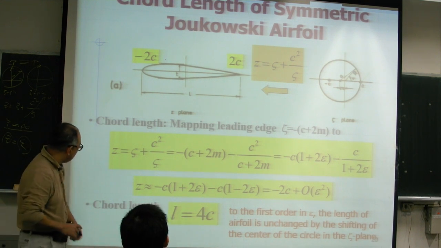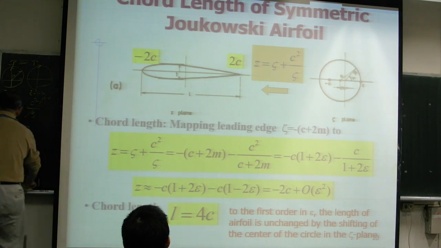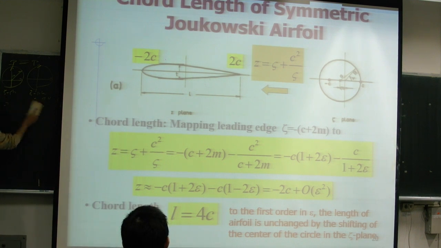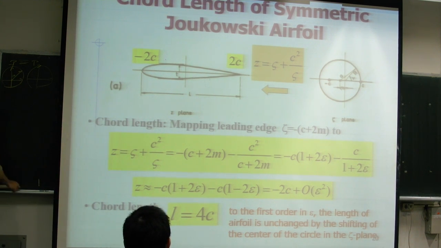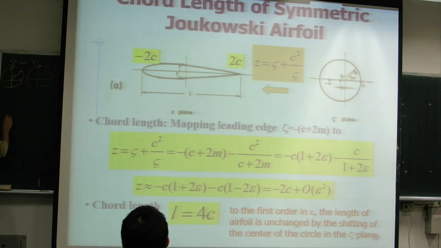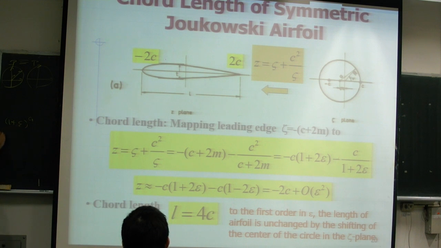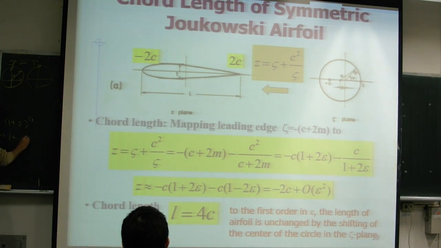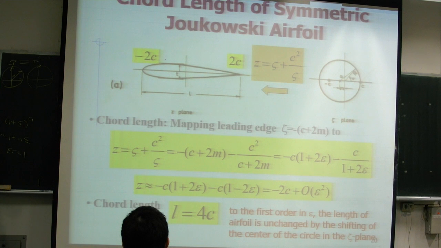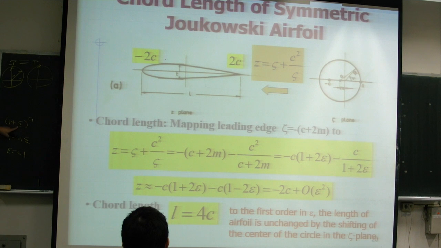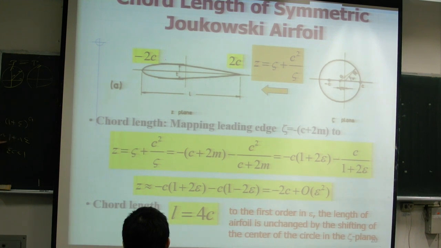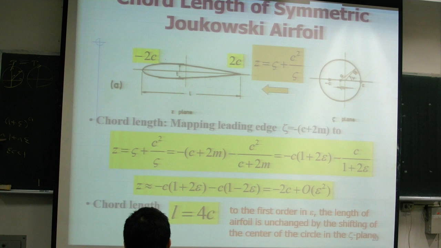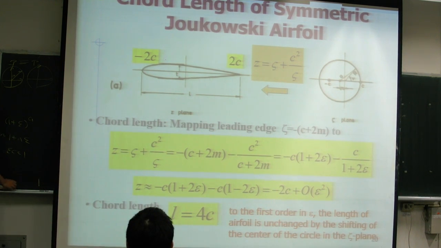We can apply the so-called theory of the formula like this. If you have 1 plus a very small number to the power a, it will approach 1 plus a times this number.